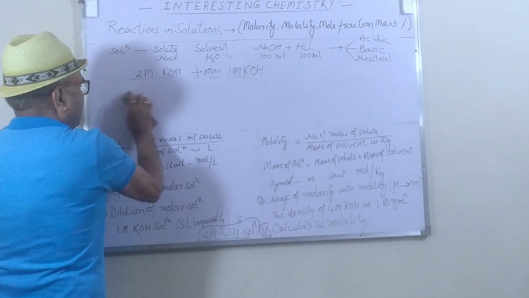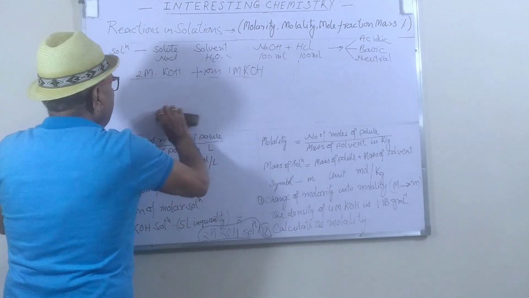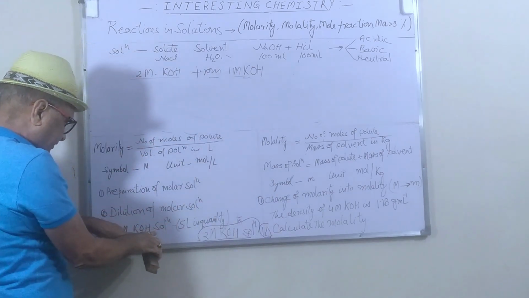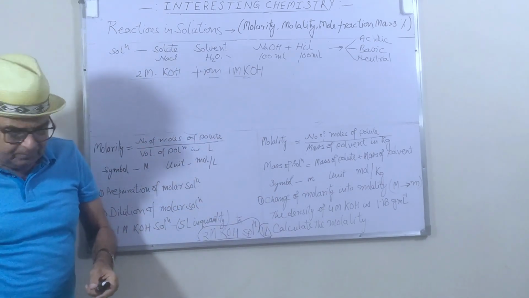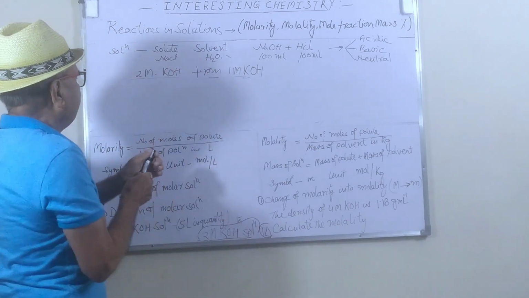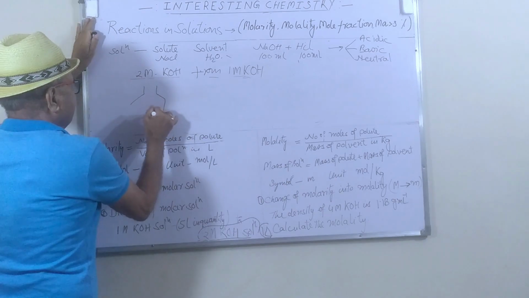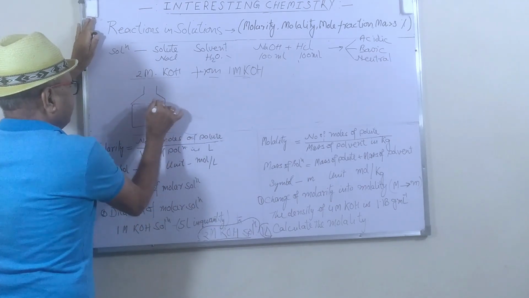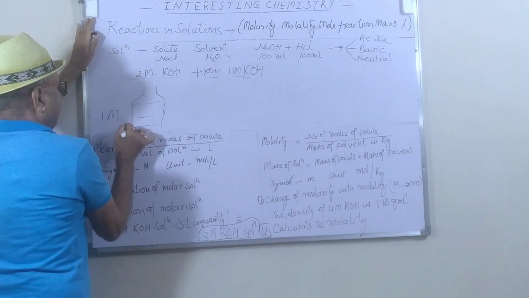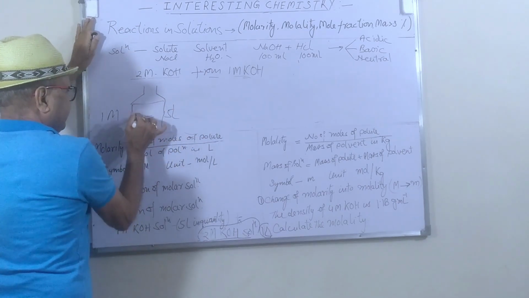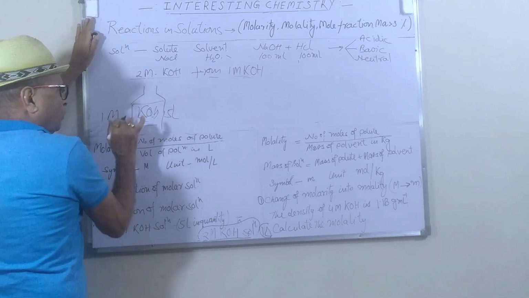Again, the second method is to find out the volume of this 1M solution to form the 0.2M. Suppose again I am taking this question. This is your bottle, 5 liter, 1M KOH.